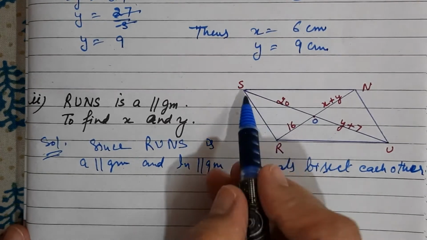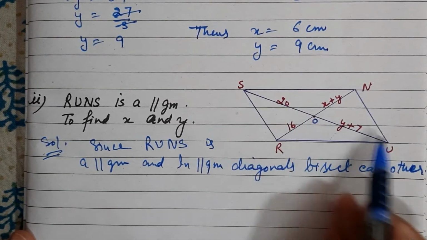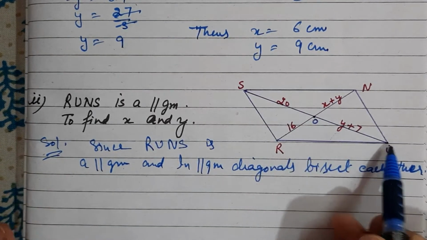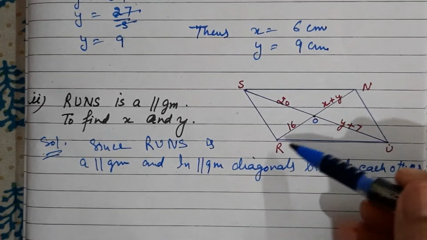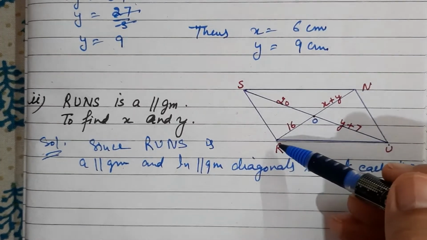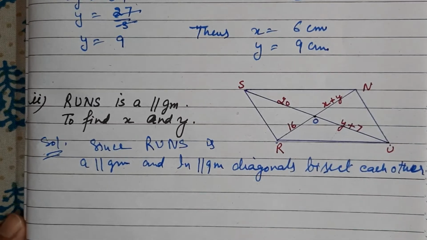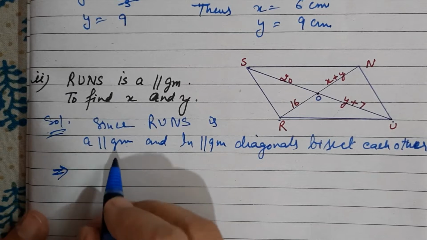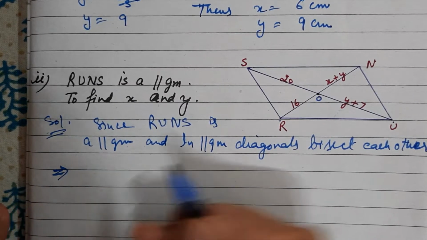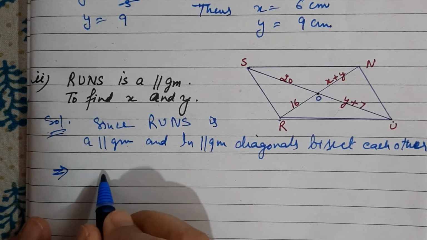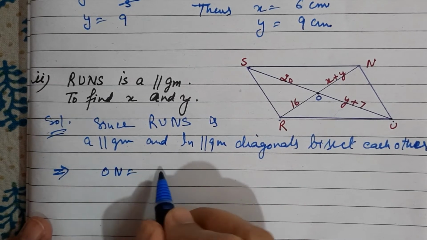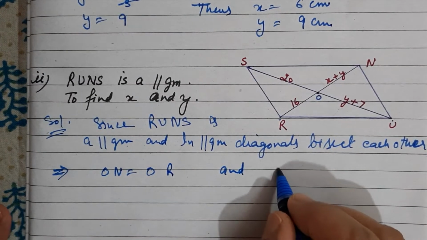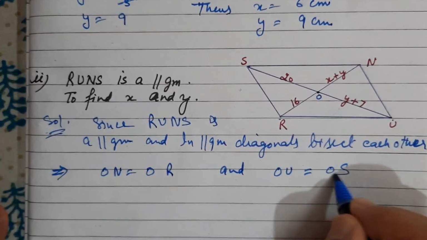They are bisecting. It means diagonal RU is bisecting SN, which means SO is equal to OU, and diagonal SN is bisecting RU, which means RO is equal to ON. So for the first diagonal, we can take any, like ON is equal to OR, and from the second diagonal OU is equal to OS.